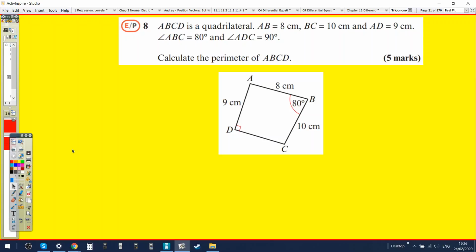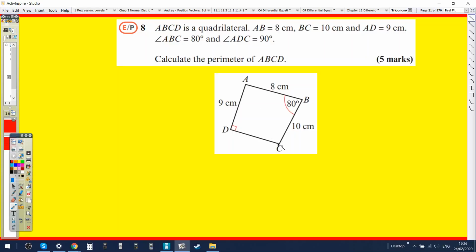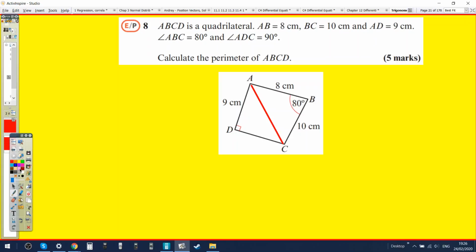Would I have to split the quadrilateral up in half to get 2 triangles? Okay, so do I need to find the middle length and then use that middle length to find the bottom length?